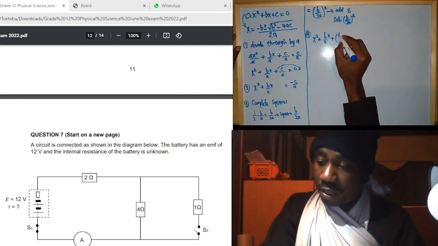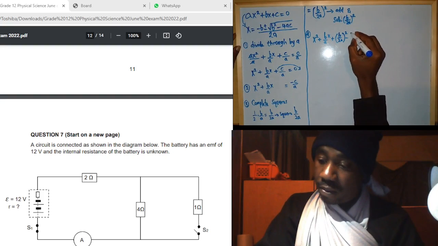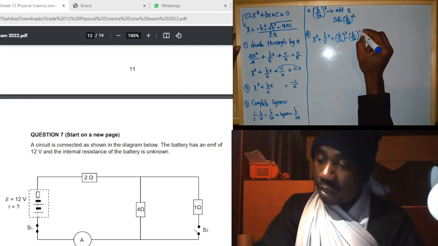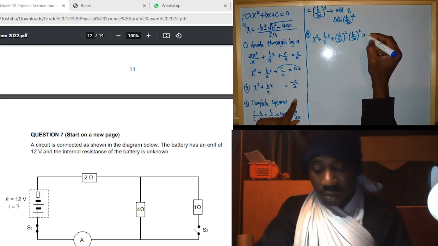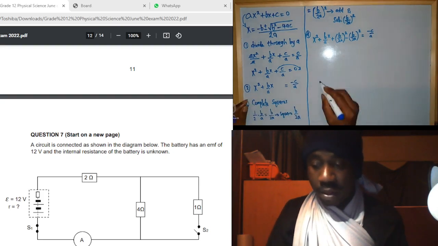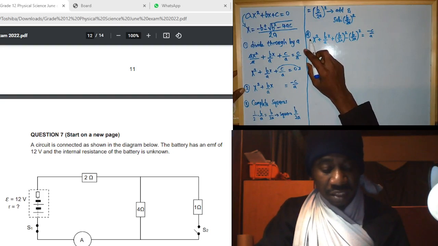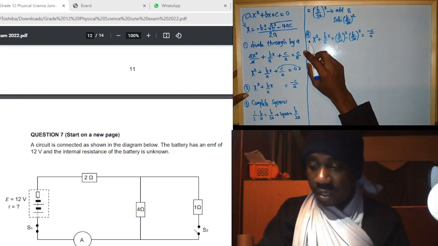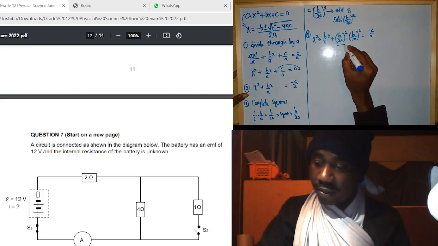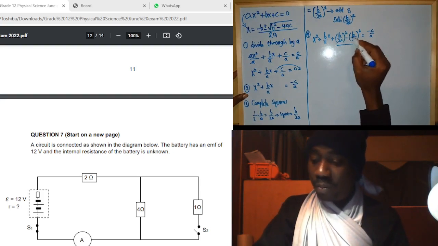So we have b over 2a all squared, then minus b over 2a all squared, everything equals negative c over a. So if you look at step 4, step 4 is essentially equal to step 2, right? Because if you look at this, we added b over 2a squared and at the same time we subtracted it.